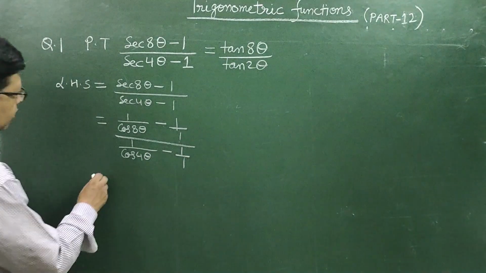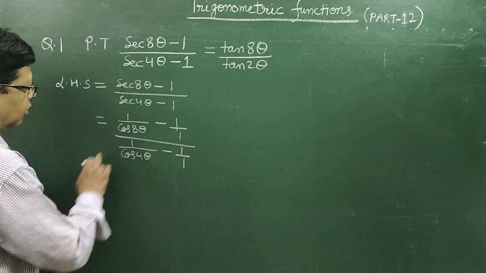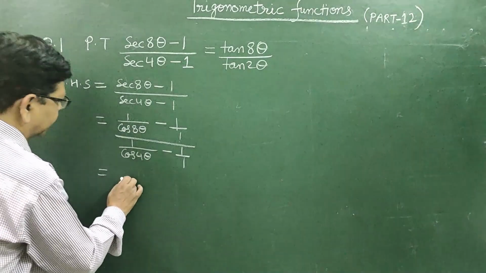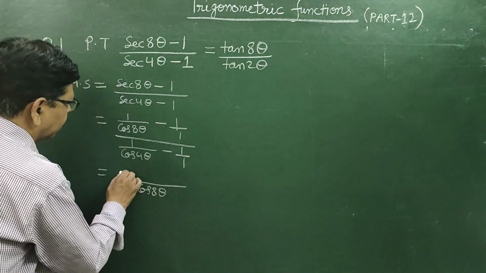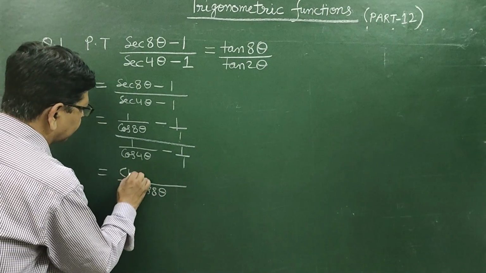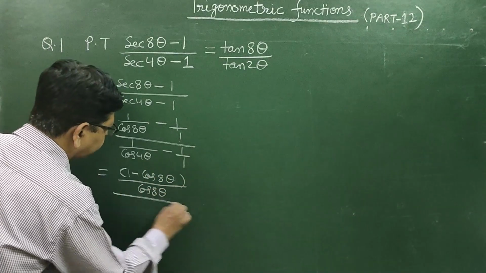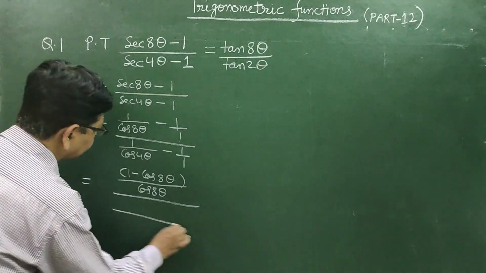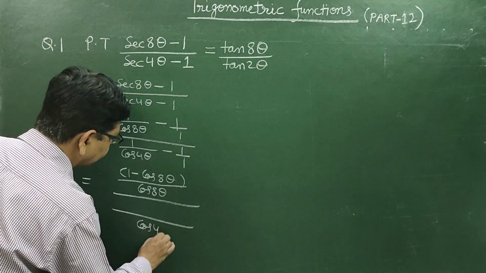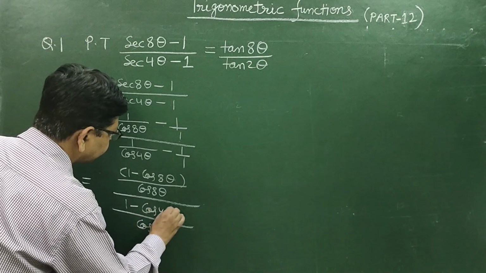Now taking LCM in the numerator and denominator of this expression. In the numerator, the LCM is cos 8θ, and on taking the LCM we get (1 − cos 8θ) upon cos 8θ. In the denominator, the LCM is cos 4θ, giving (1 − cos 4θ) upon cos 4θ.